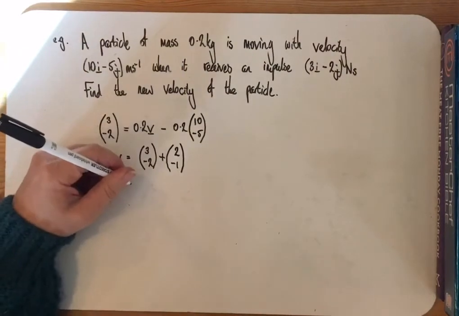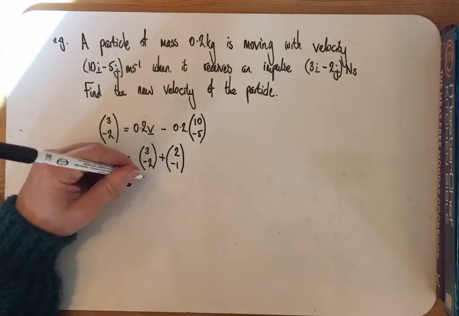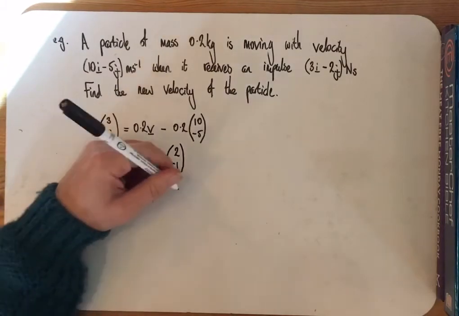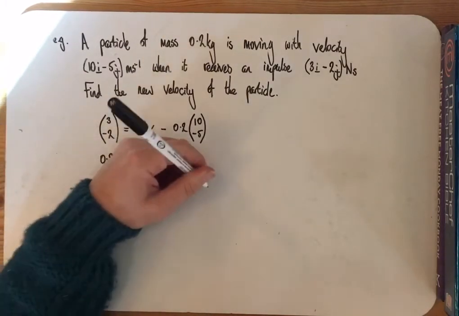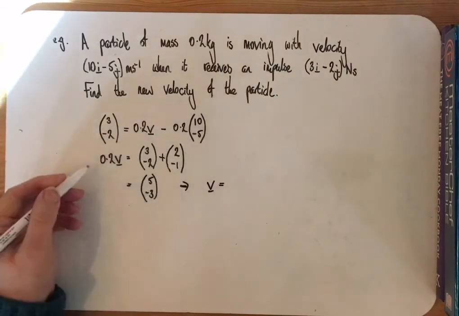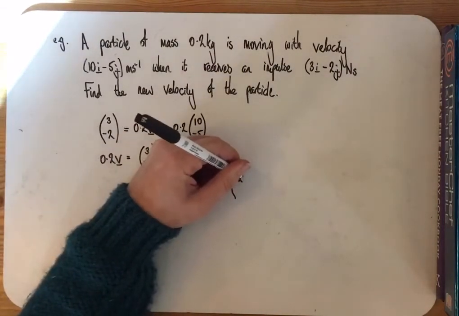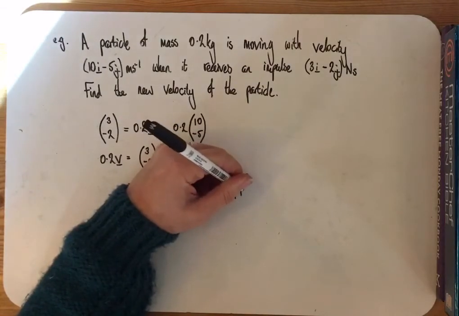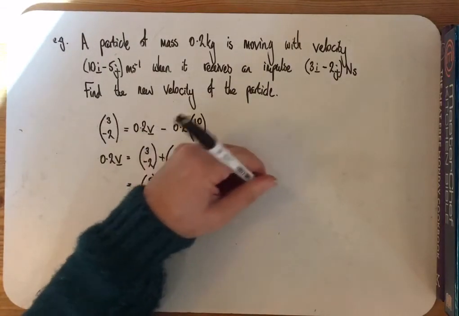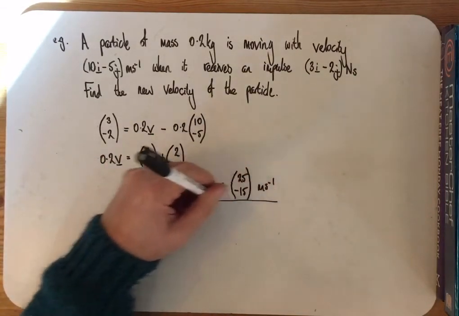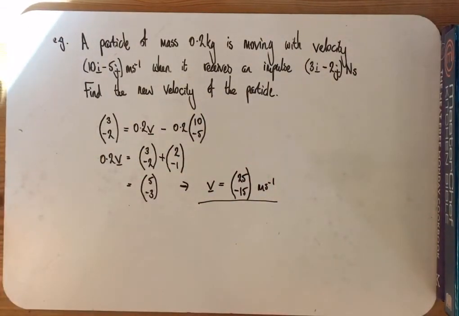So 0.2 v is equal to (5, -3). And so v, times by 5, is equal to (25, -15). So no more complicated, it's just working in vectors.